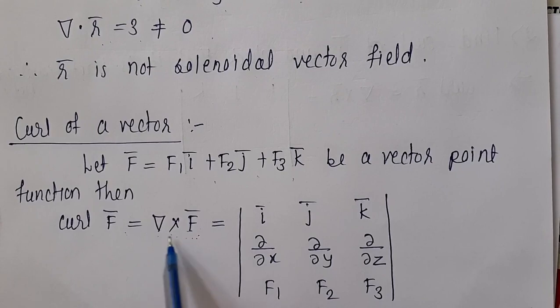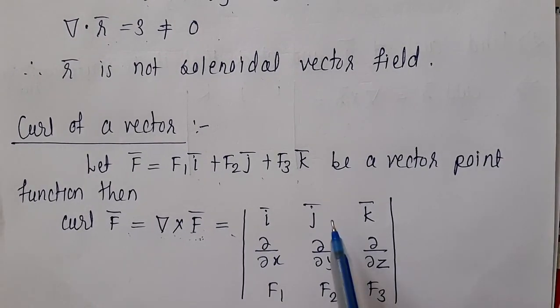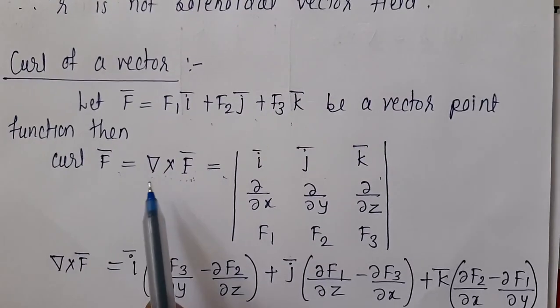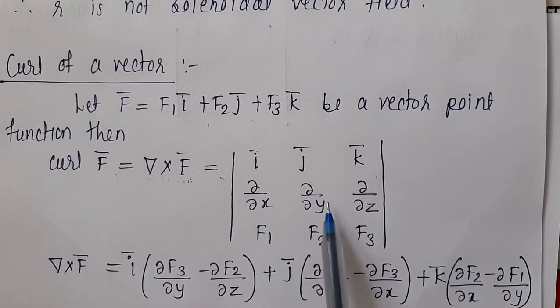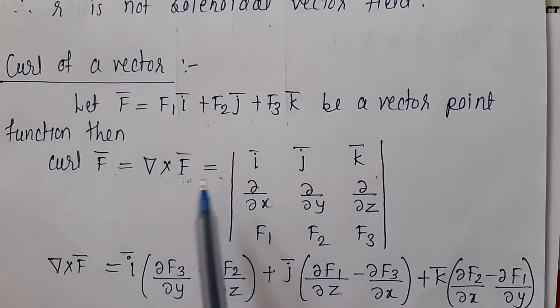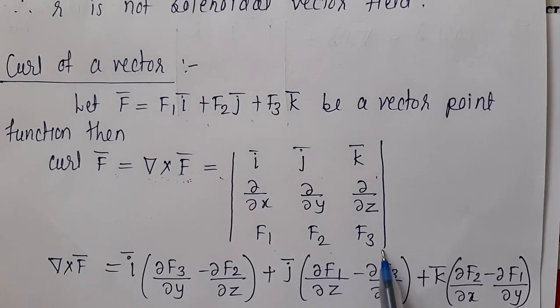Now we know that the cross product of two vectors is equal to the determinant of i, j, k, the coefficients of del, that is del by del x, del by del y, del by del z, and the coefficients of f, which are f1, f2 and f3.